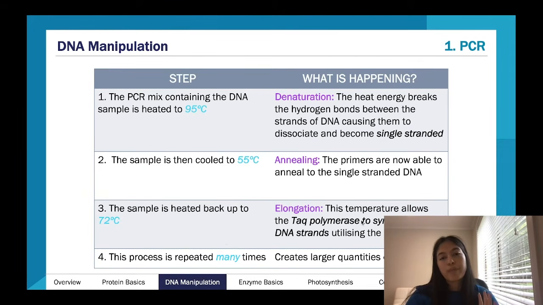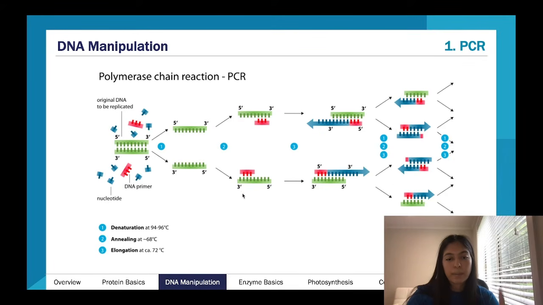So you turn it up a little bit, and your Taq polymerase, remember, it's just a DNA polymerase. It will synthesize those DNA strands. It will bind to the primers, start off there, and then go on and synthesize as normal. It'll bring the complementary bases and form a new DNA strand. So then you can see what we've got here. We've got now double the DNA.